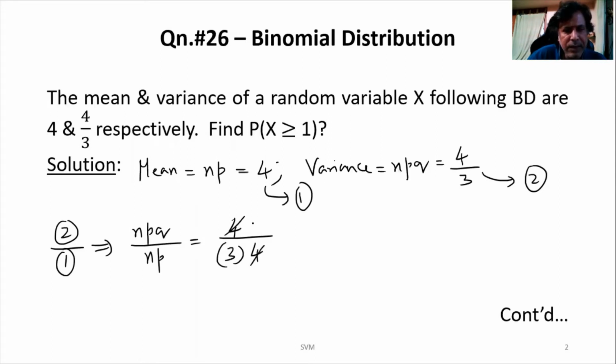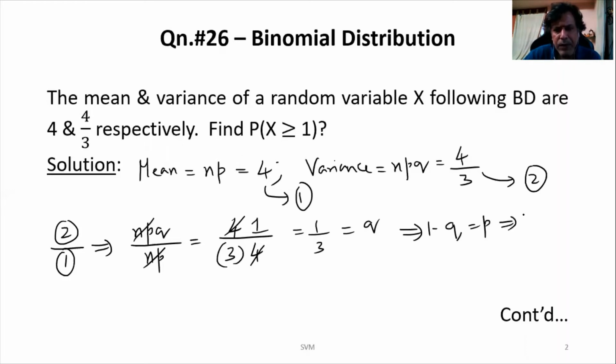This 4 gets cancelled with this 4, so you have 1 by 3. What is 1 by 3? npq by np, which is nothing but q, because np and np will get cancelled. So when I have q, I can find p: 1 minus q will be my p value, which means my p value is 1 minus 1 by 3, which is 2 by 3. That is our p value.